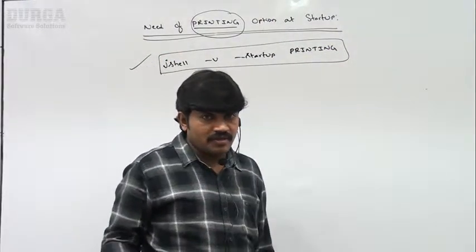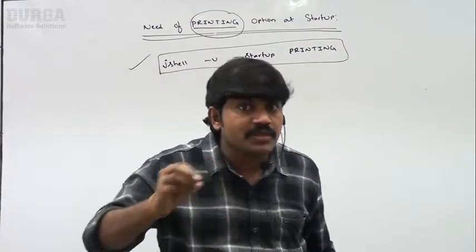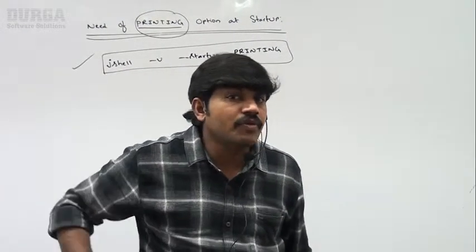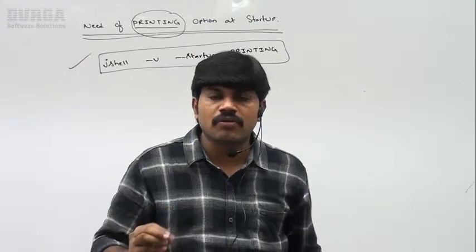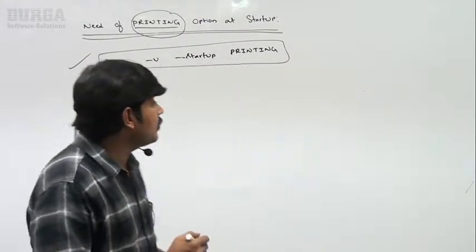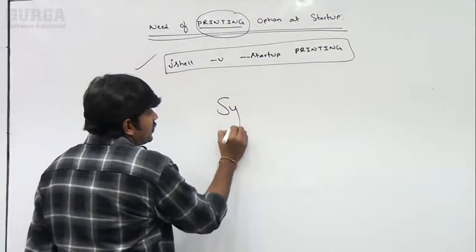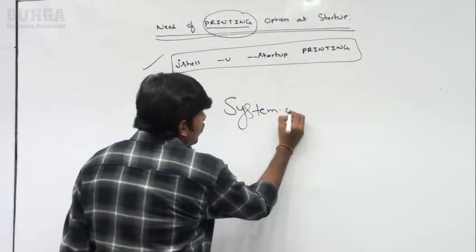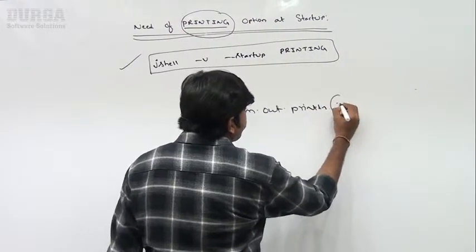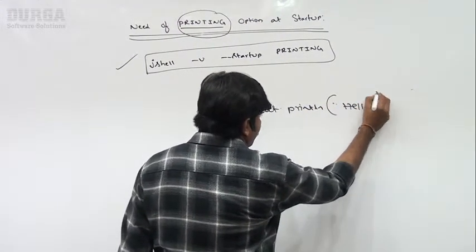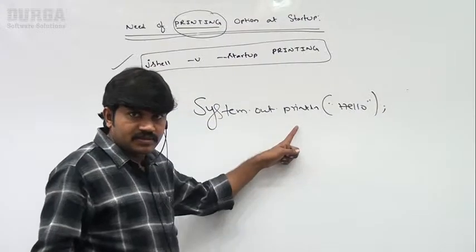Very simple, sir. If you want to print something to the console, usually in Java, if I want to print hello to the console, what do I have to do? System dot out dot println or print of hello, I have to write like this. Do you know?